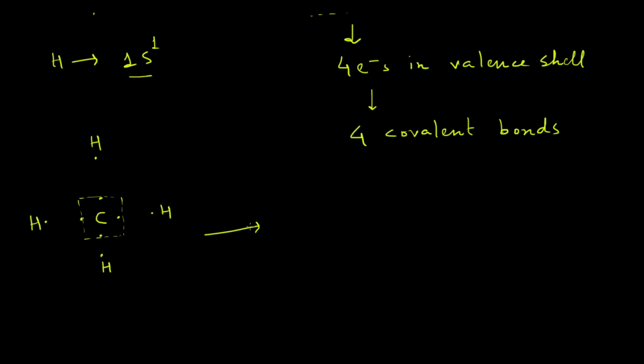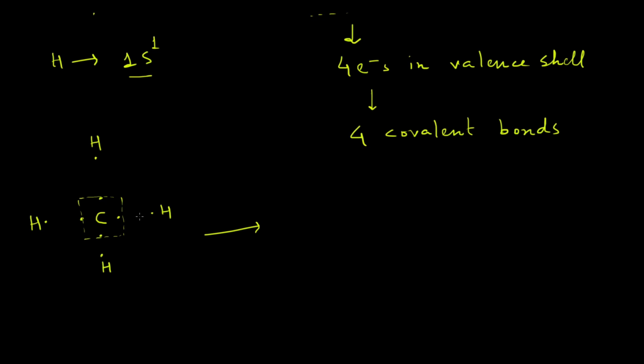Now, according to Lewis, covalent bond formation requires the pairing of electrons. So in this case, 1 electron from hydrogen and 1 electron from carbon will be paired up, and the paired electrons will remain between these two atoms in order to hold them tightly, and this is known as covalent bond formation.